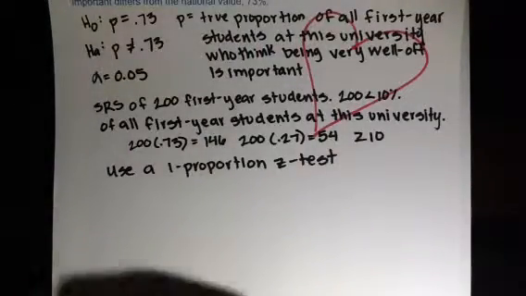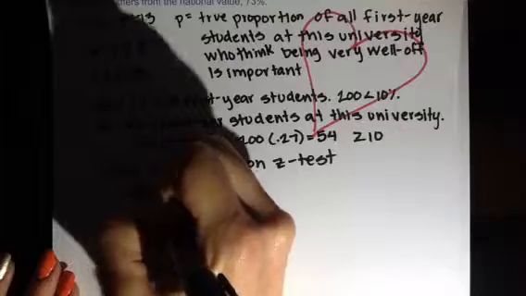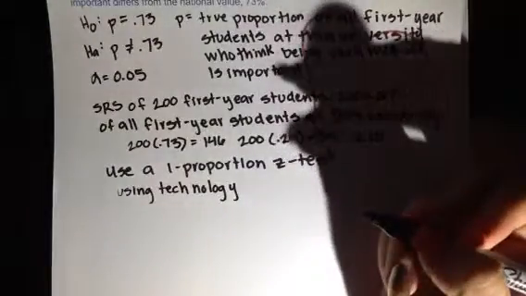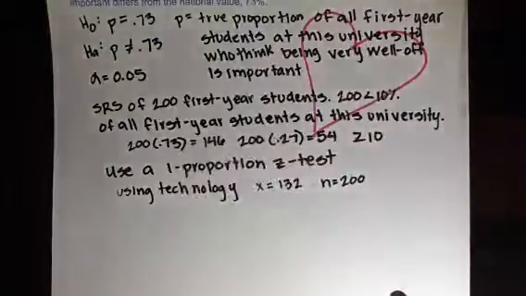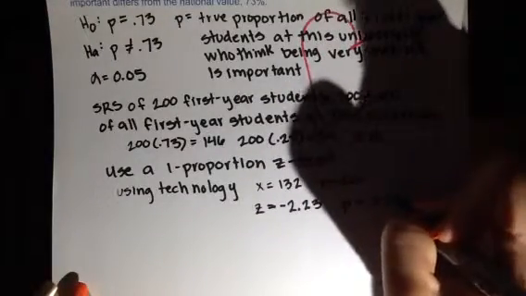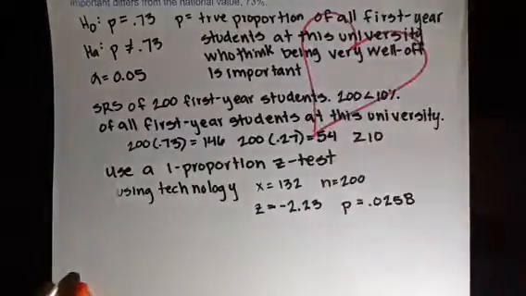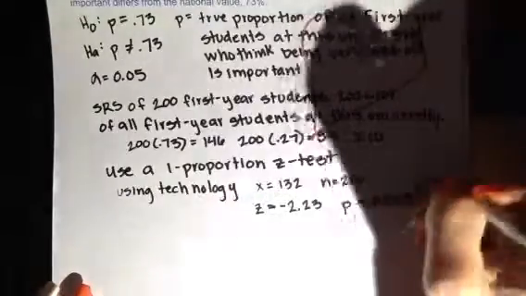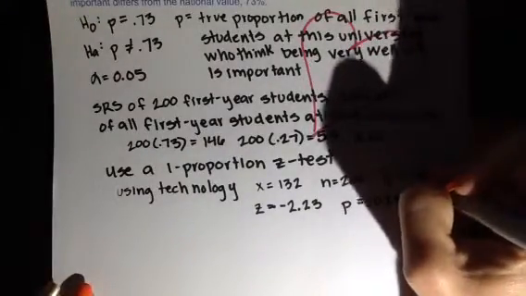I'm going to write down everything that I got from the calculator. So using technology, we had our x equal to 132 and our n equal to 200, and we got out that z is equal to negative 2.23 and p is equal to 0.0258, and our p hat is equal to 0.66.